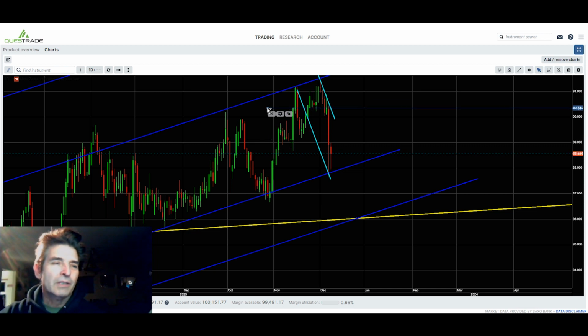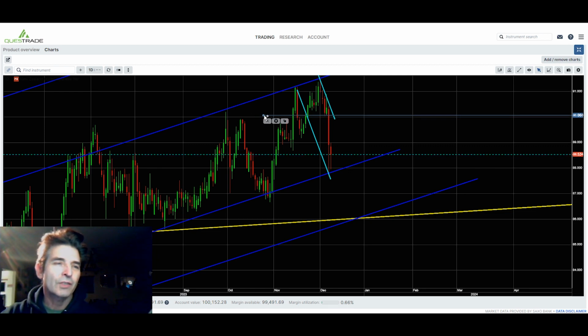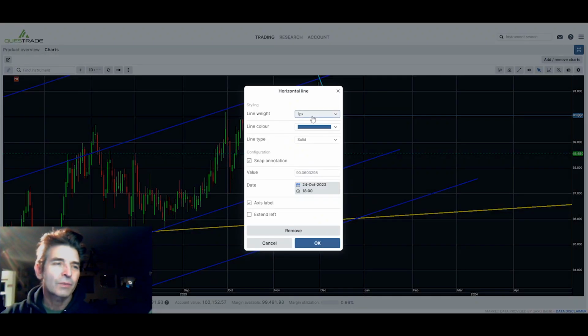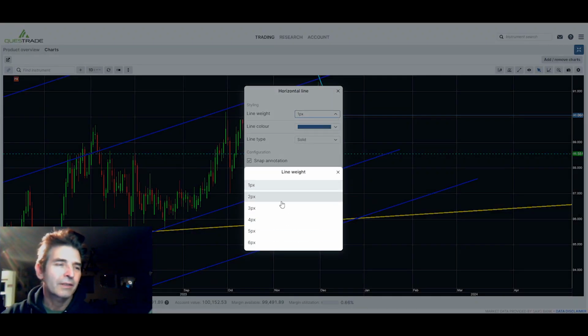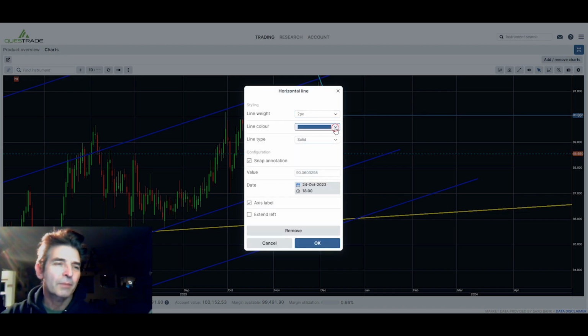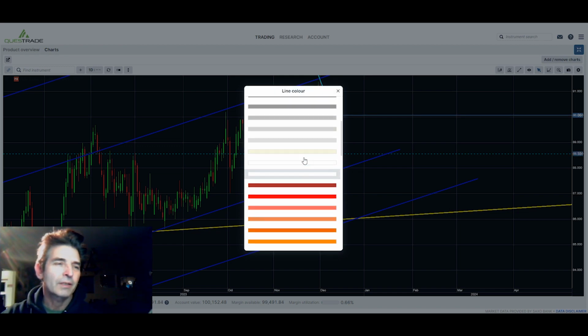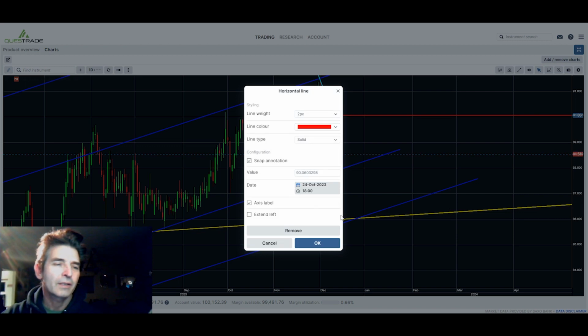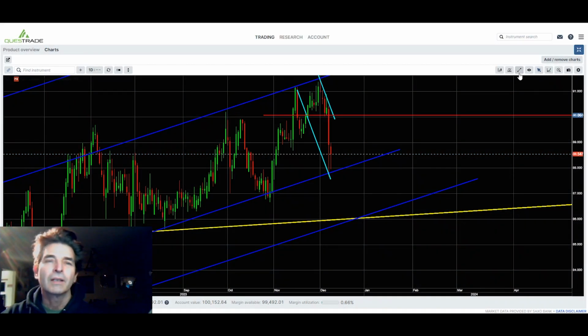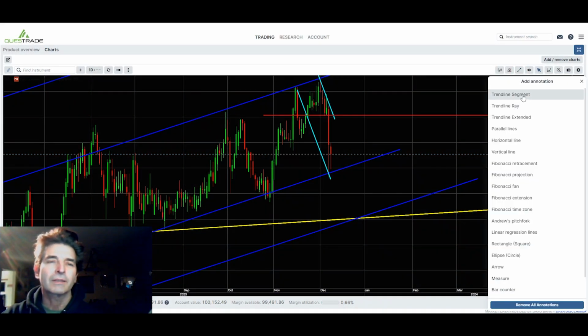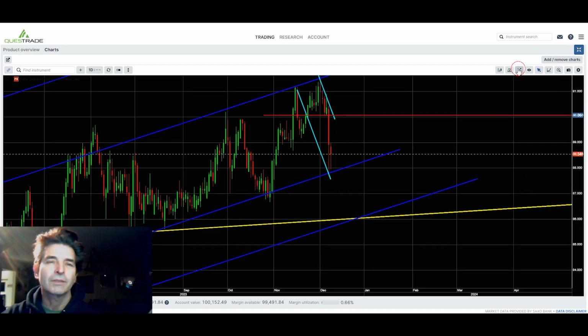Where's our stop? We would put it just outside of the wave 3, like right there. That's where the stop has to be, a safe stop, outside of wave 3. There's red. Okay. Target. No, sorry, not trend line, horizontal line.